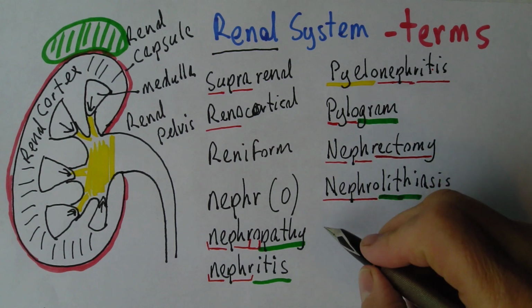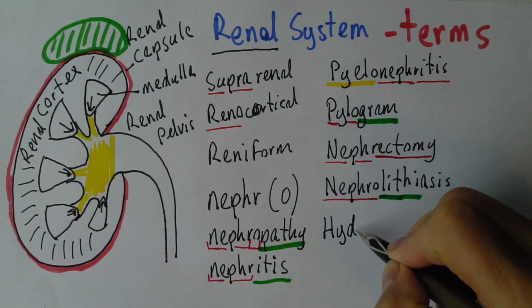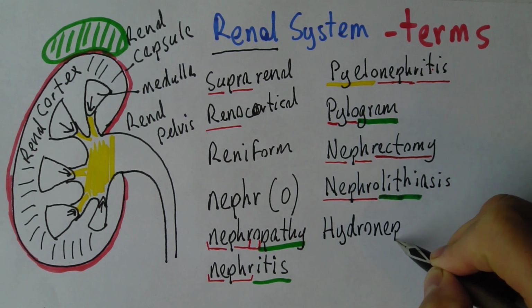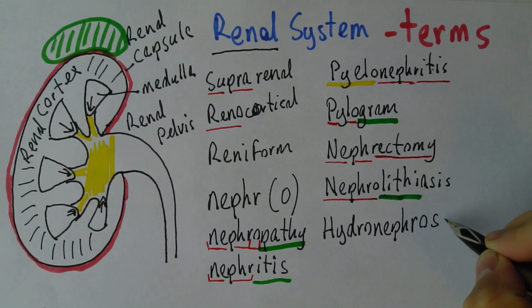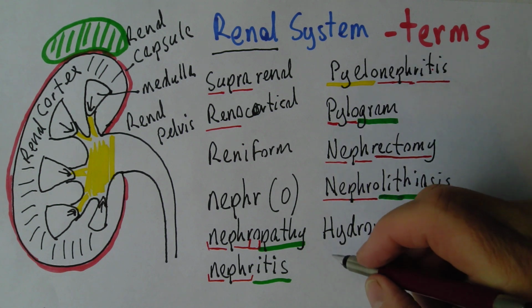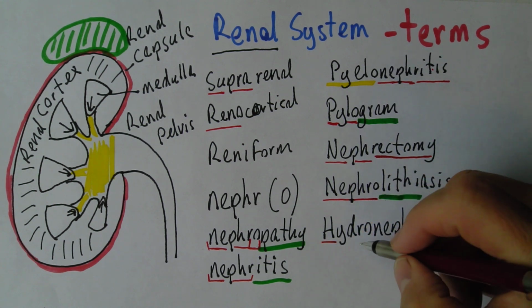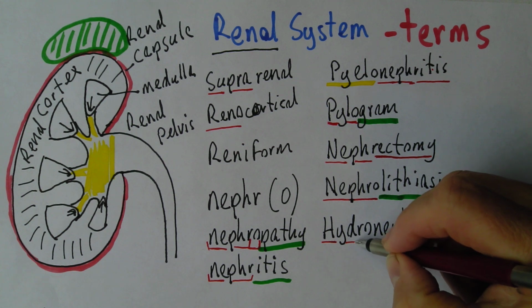And maybe the last one, hydronephrosis. This is where urine dams back up into the renal pelvis. Now it says hydro here. Hydro means water. We know it's urine. It's not really water, but I suppose urine is watery.